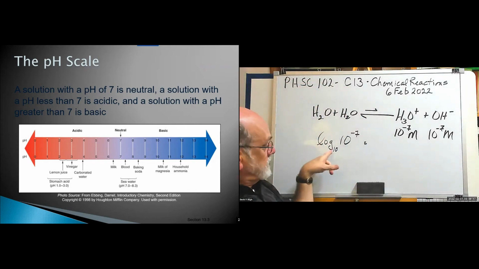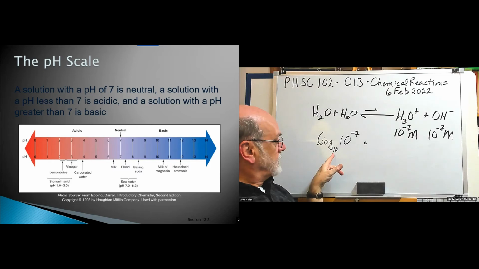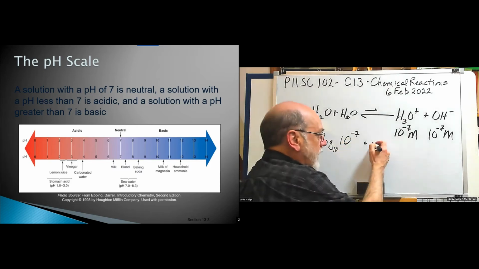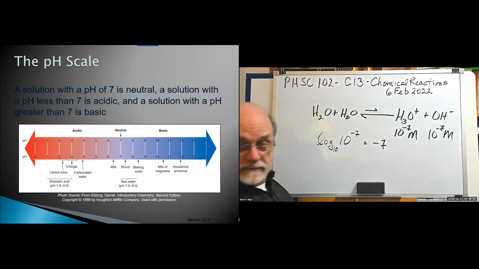So basically, if it's base 10, then the log of that number is the power of the 10. So that would be minus 7.